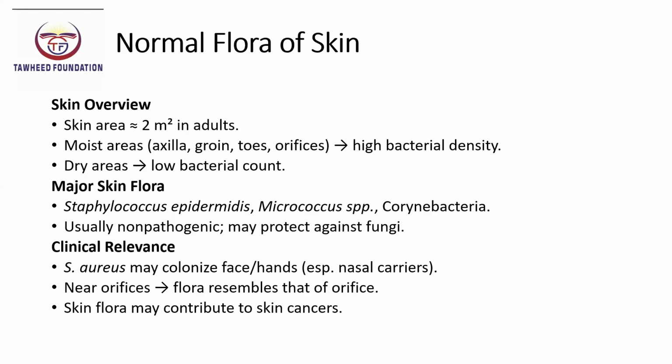Sometimes potentially pathogenic Staphylococcus aureus is found on the face and hands, particularly in individuals who are nasal carriers. Qualitatively, the bacteria on the skin near any body orifice may be similar to those in the orifice. So this is the normal flora of skin.